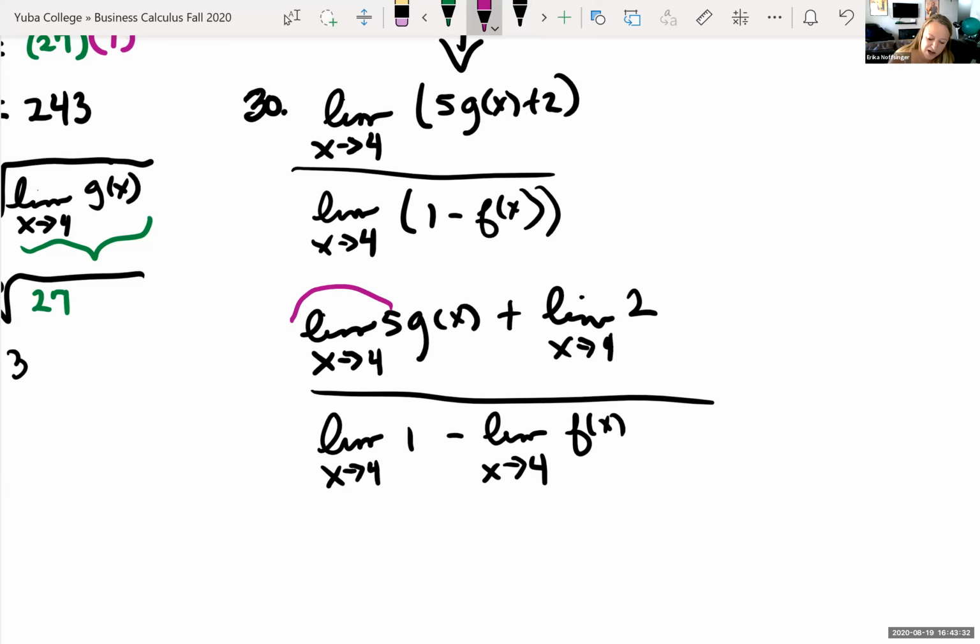Remember, we can pull the constant out front. So here this would equal 5 times, well, the limit as x approaches 4 of g of x.